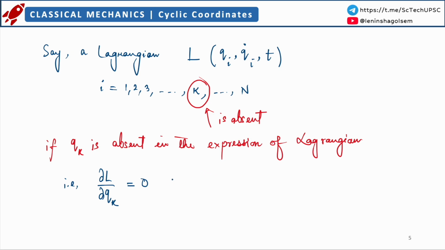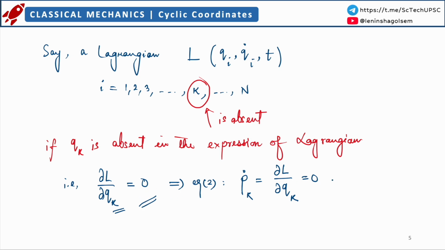This implies, from our equation 2, that pk dot for this particular coordinate is del L over del qk, which is 0, as we have just shown here.